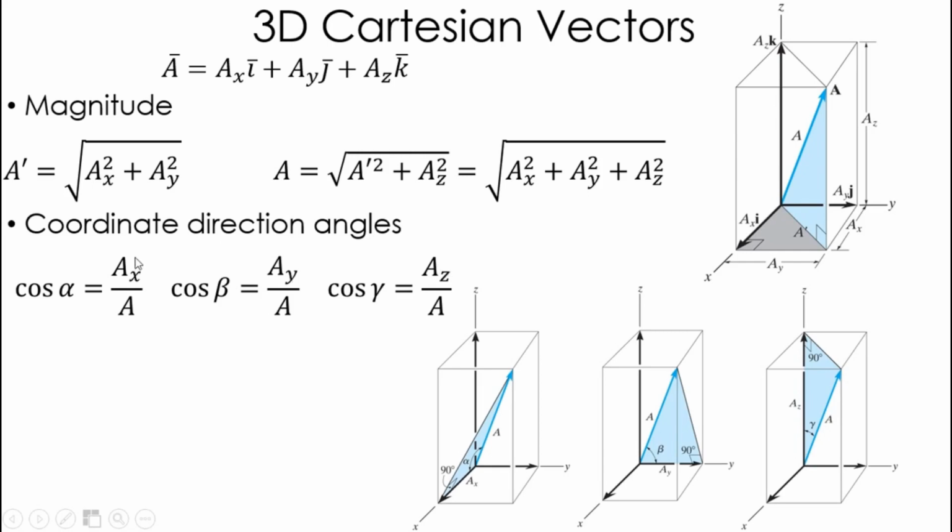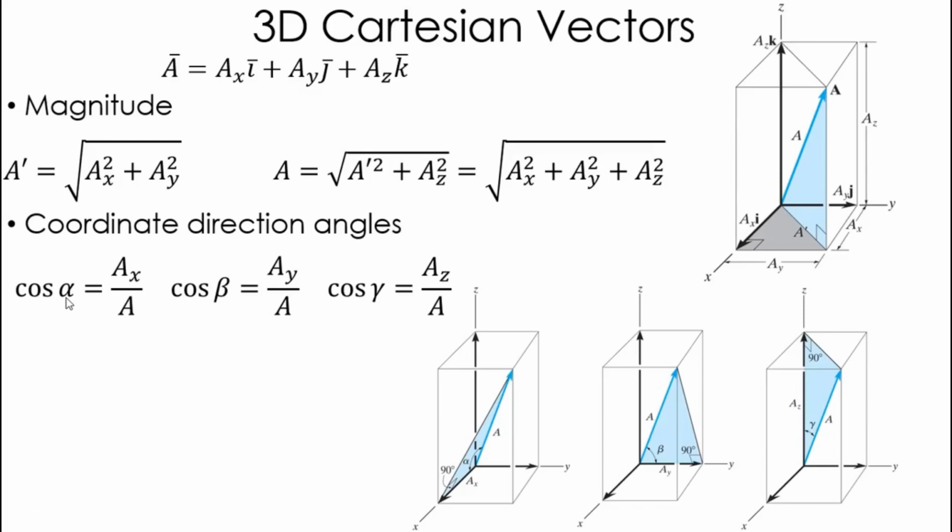Again, I'm not a big fan of these because those angles are really hard to conceptualize and visualize, whereas ax, ay, az I think is actually easier for you to figure out what direction the vector is going in. But if it asks for coordinate direction angles, that's how you find them. And that's just how you can define angles in 3 dimensions.